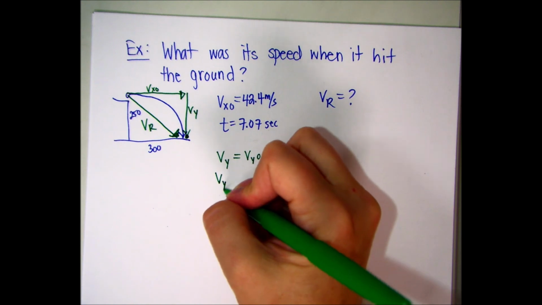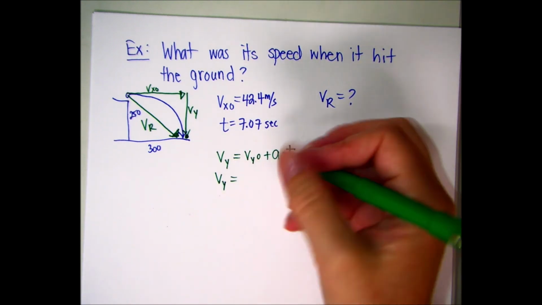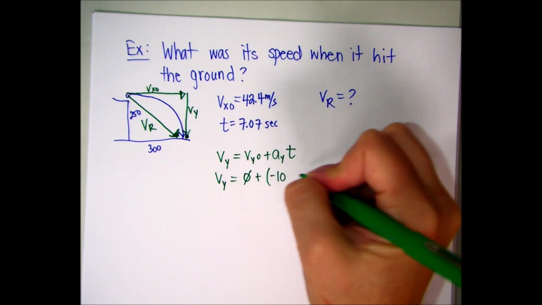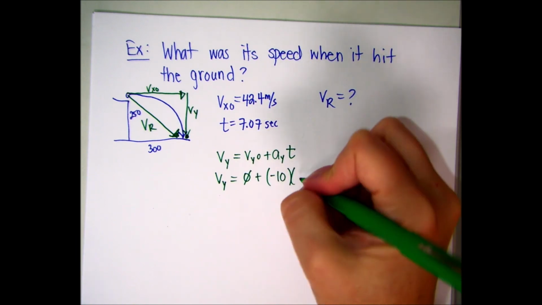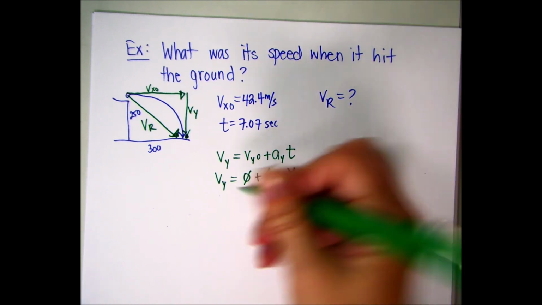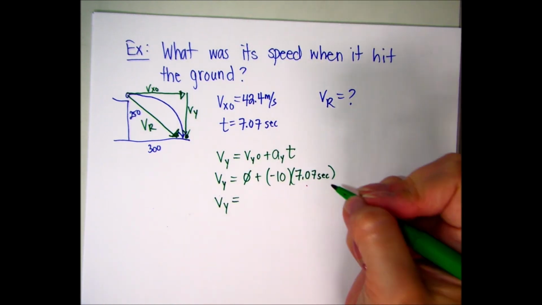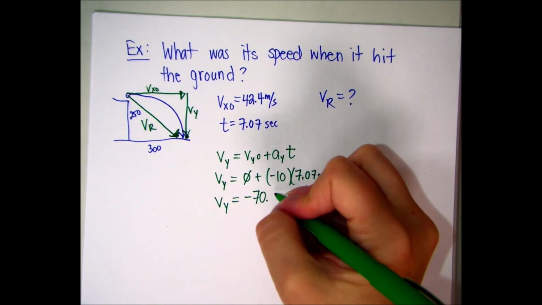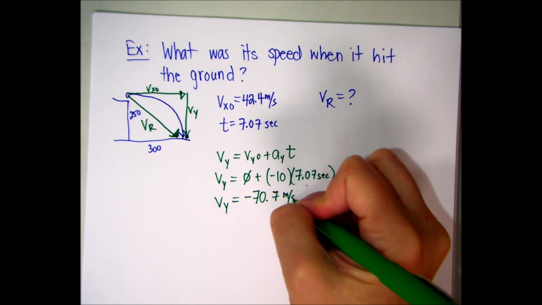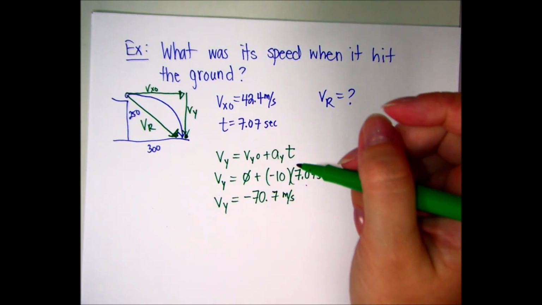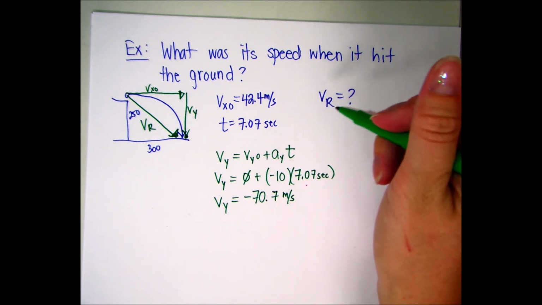Finding our landing velocity in the vertical direction, we plug in our givens, our known numbers. Okay, now in this equation, our answer is going to come out negative. And that should make sense because it's going down.